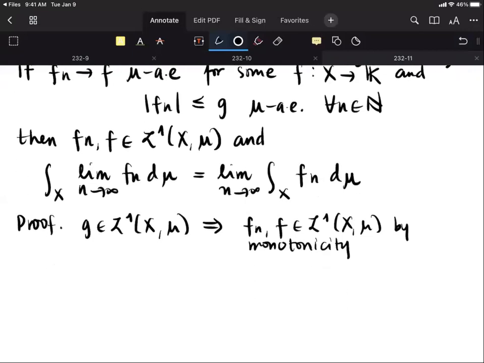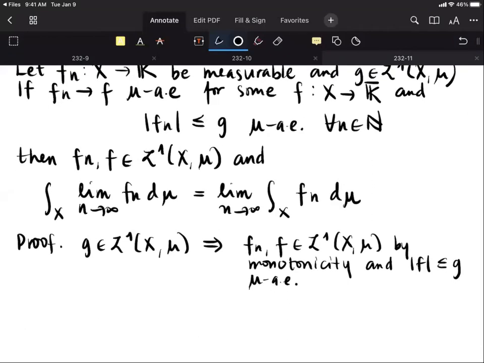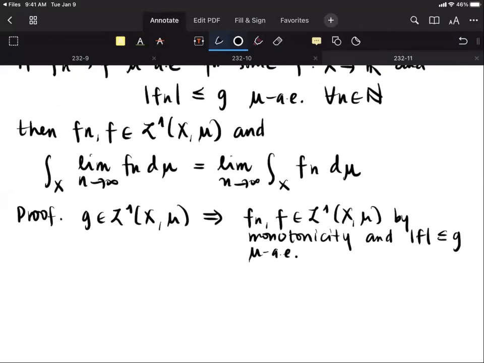And it is integrable since, passing n to infinity here, we note that the limit is also dominated by G, almost everywhere. So that's integrability of your sequence and f, just merely applying monotonicity of the Lebesgue integral.